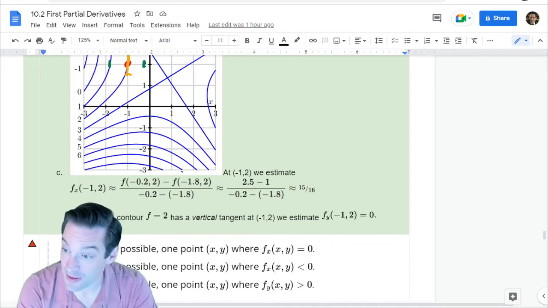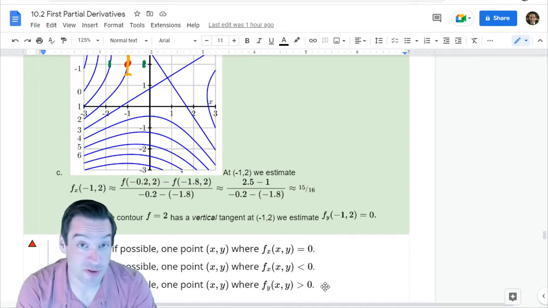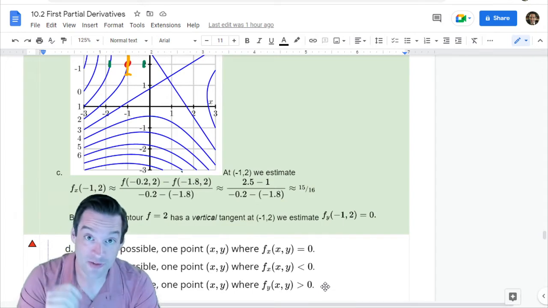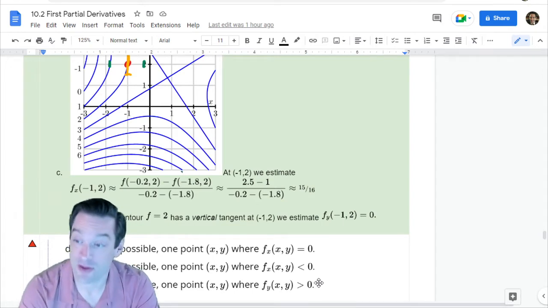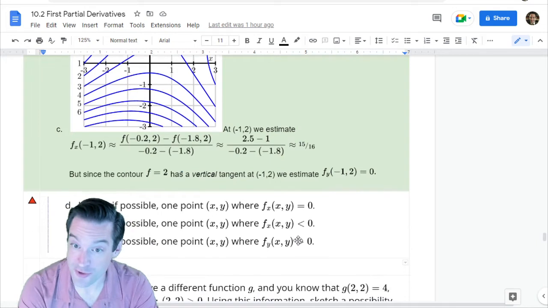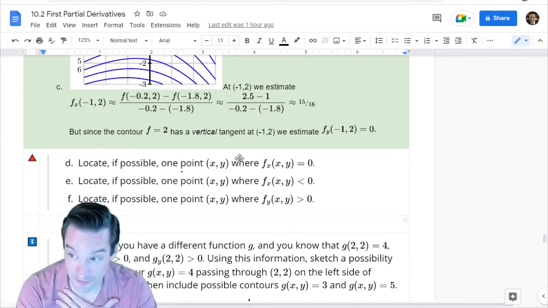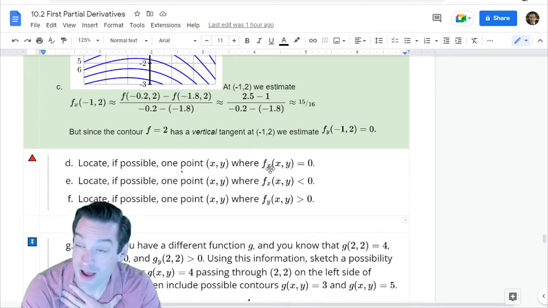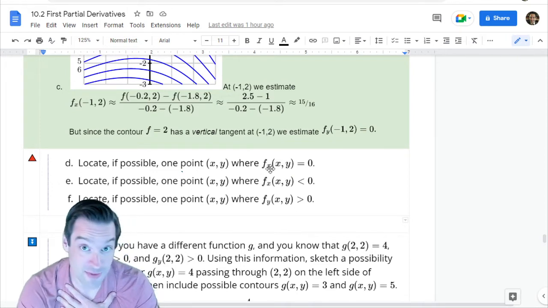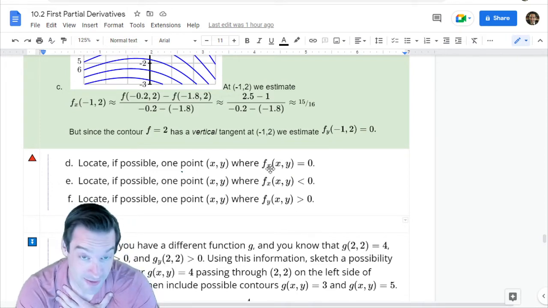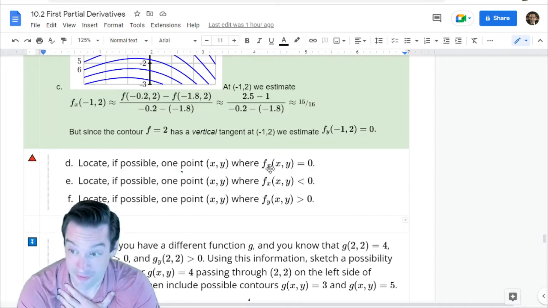And then similarly, find a place where the y partial derivative is positive. So find a place where increasing y will have the effect of increasing f of x and y, the value of the function. So find those 2 points, E and F. And then part D, I think, is the most tricky one. See if you can find a place where increasing the value of x infinitesimally doesn't have any effect on the value of f of x and y.